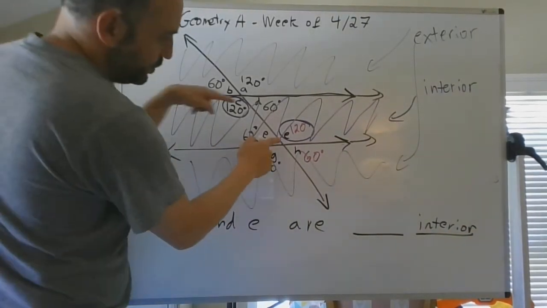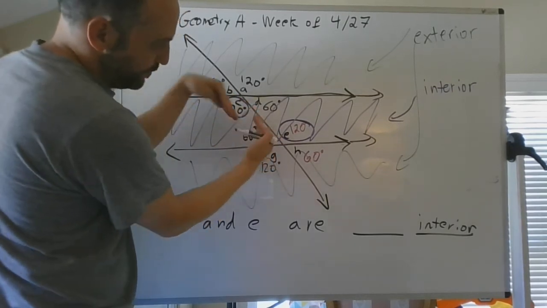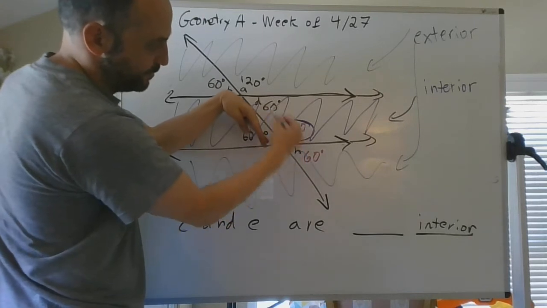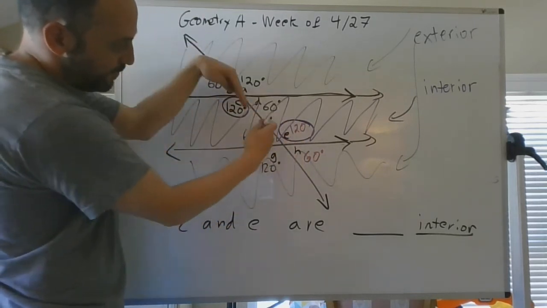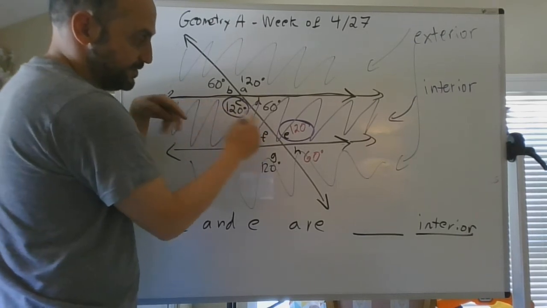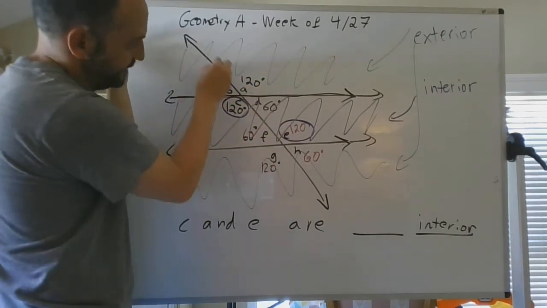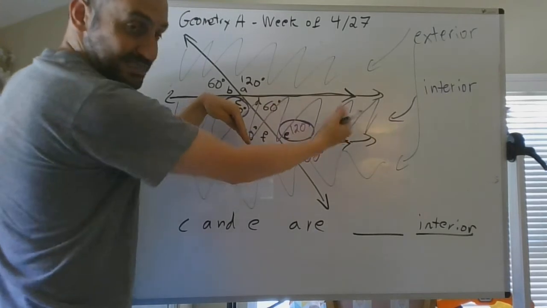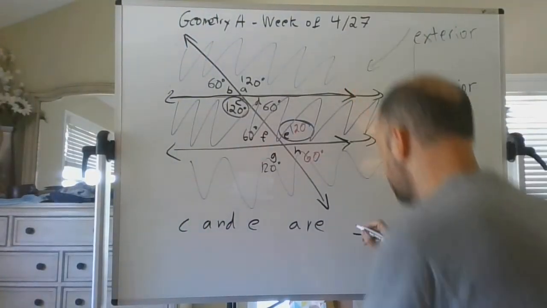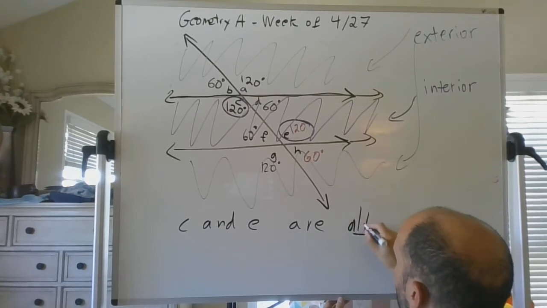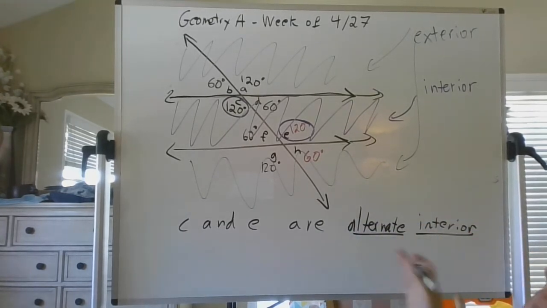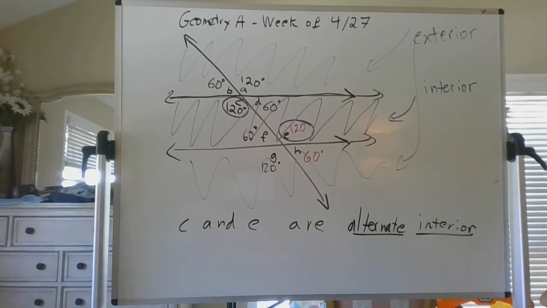Now I want you to notice, you see how E and D are both on this right side? I'm just looking at the interior right now. C and D are both on the right side. C and F are both on the same side here. But C and E are on different sides. If you look at this line right here down the middle, E is on the right side of it, C is on the left side of it. So what you call that is alternate. They're not on the same side, they're alternate.